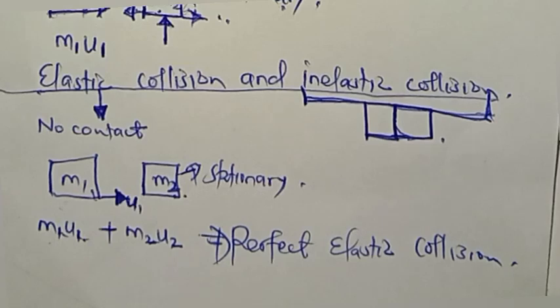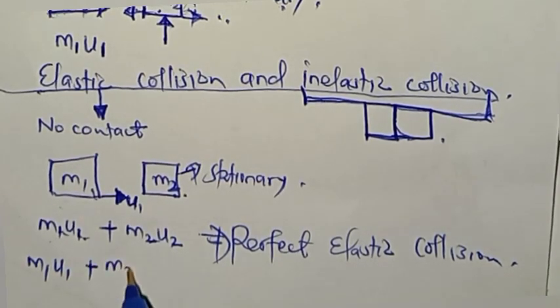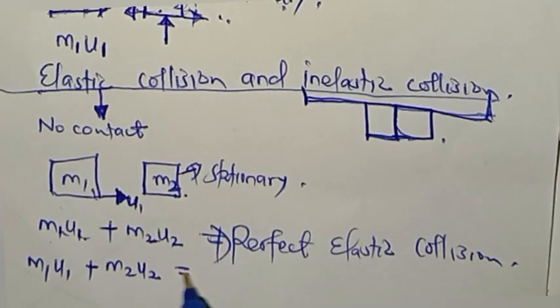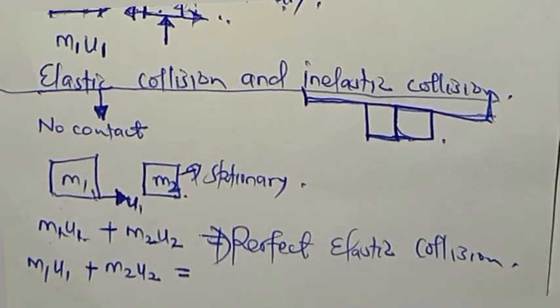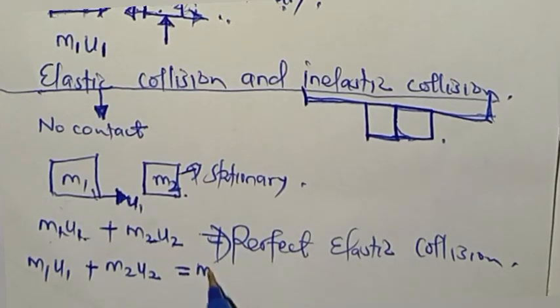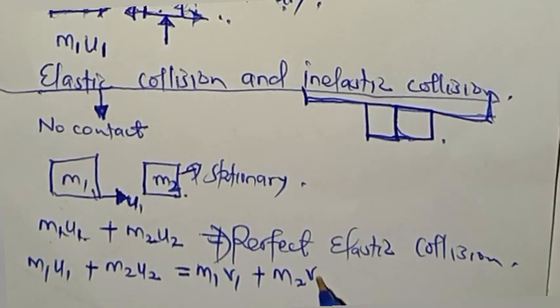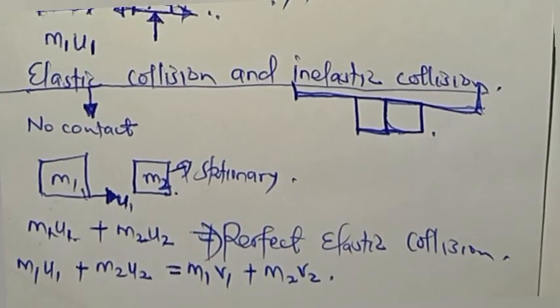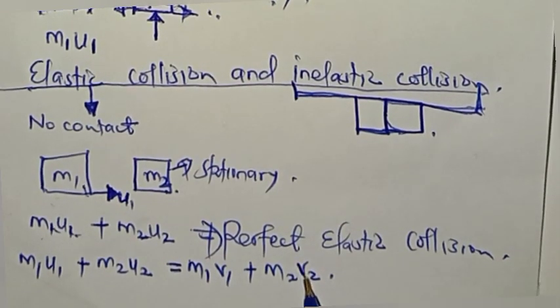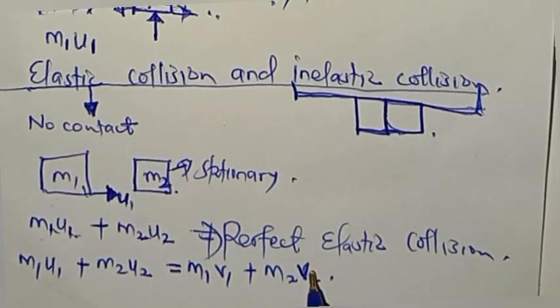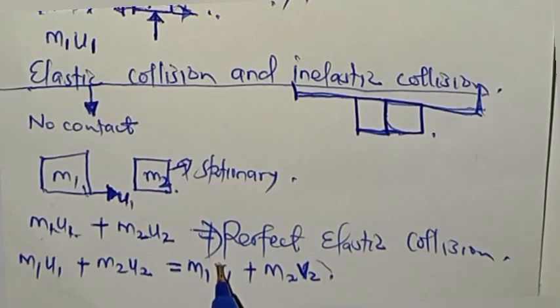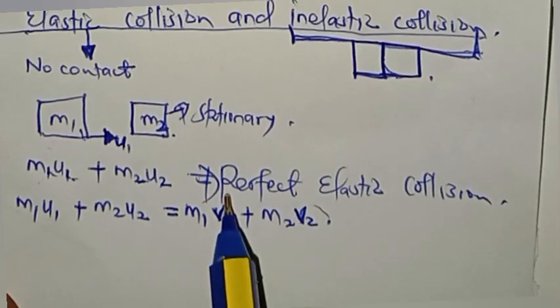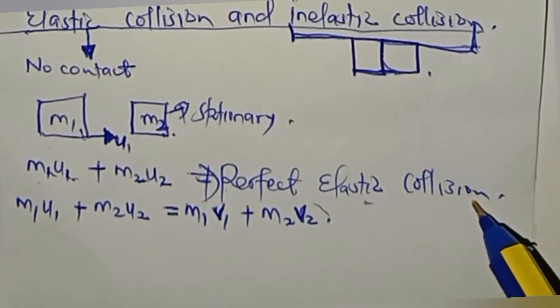So we say M1 U1 plus M2 U2 equals the momentum after collision, so we write M1 V1 plus M2 V2. Even after collision, each body will assume its own velocity under perfect elastic collision.